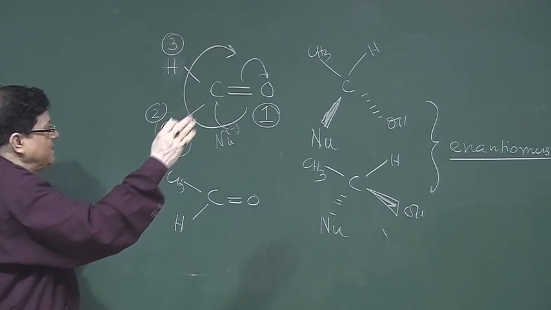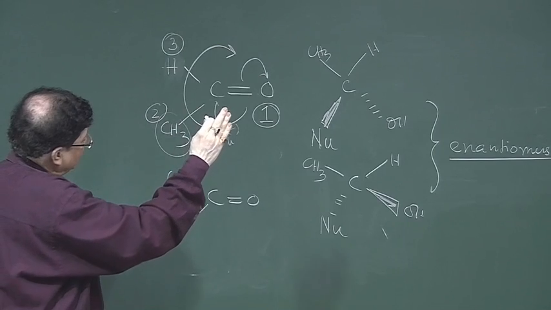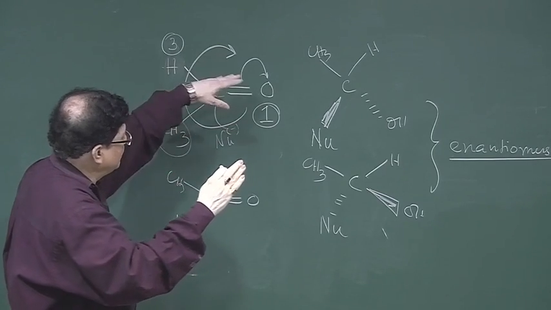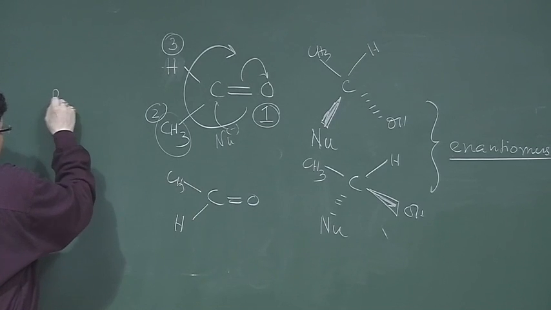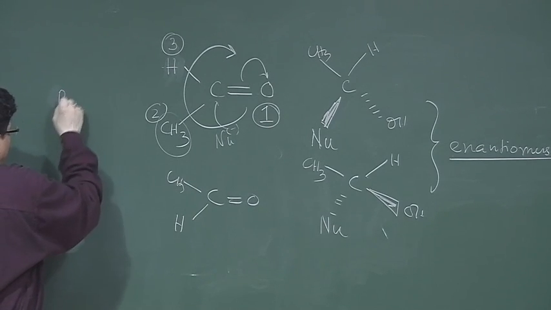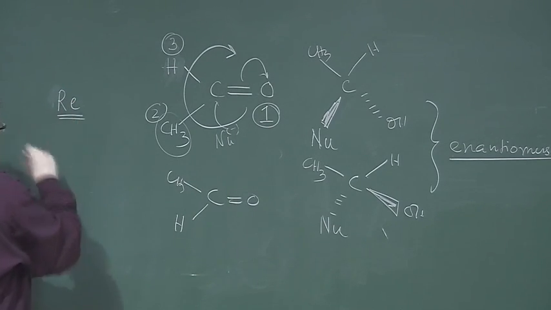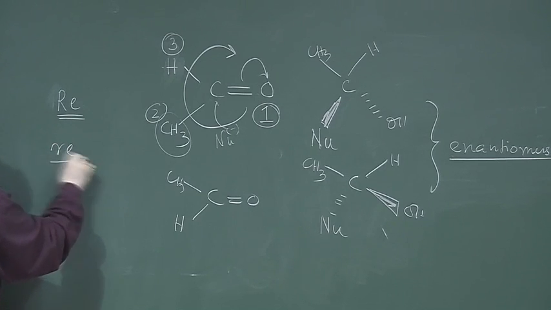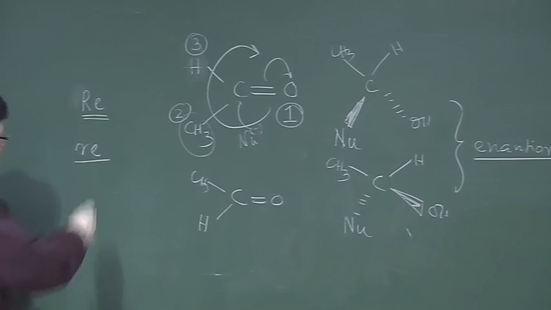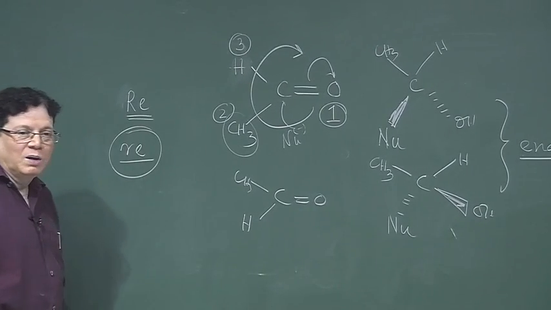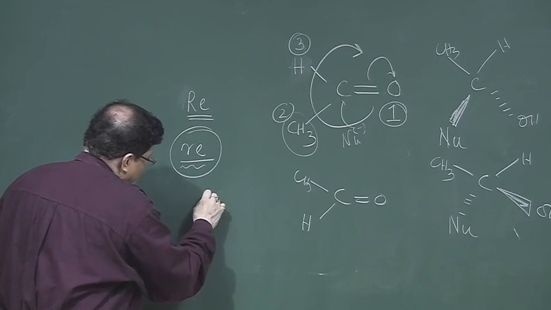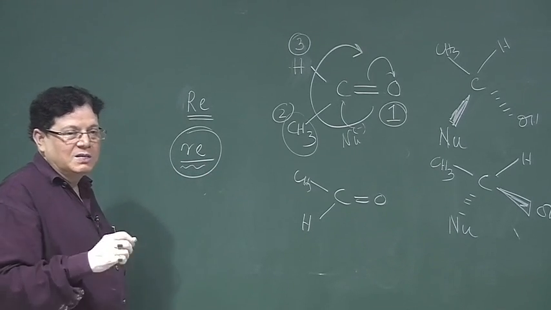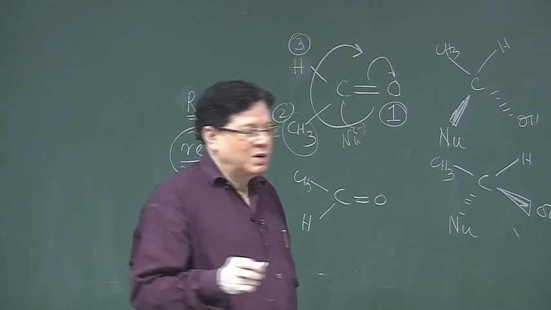So, this face, that means, when I see from this face, this looks clockwise. So, this face will be called a re face. Okay. Some books write it in capital and small, both are okay, but I prefer the small one, the re face. Remember, this should again be written in italics, because these are again coming from Latin words. Okay.